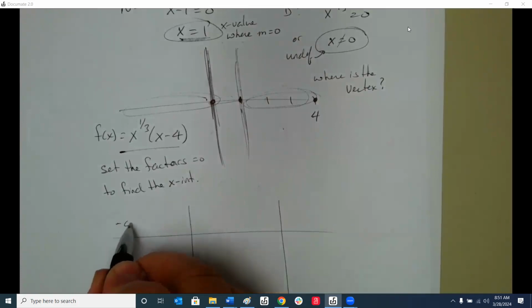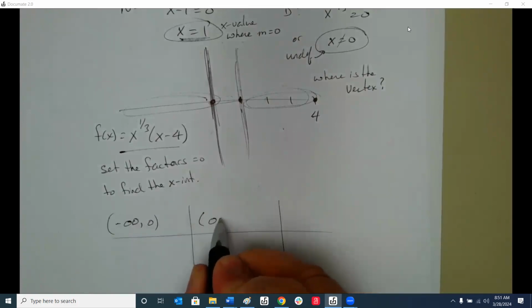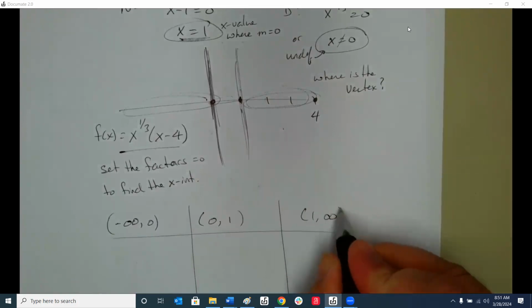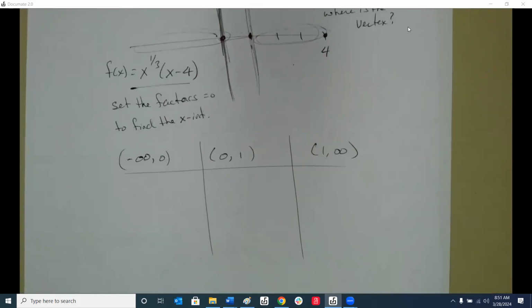So in the first interval, we go from negative infinity to 0, then from 0 to 1, and then from 1 to infinity. What is the graph doing in those three intervals?